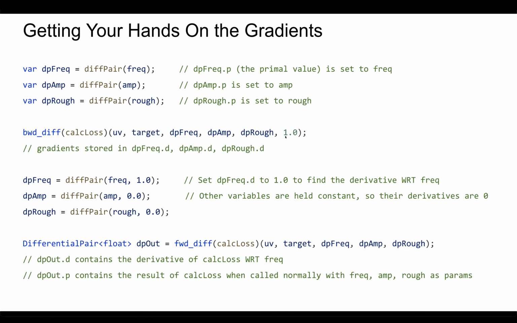The original inputs, which we wrapped in differential pairs, have become in-out differential pairs, because they're not just used to read the original value, but the computed gradient is written back into them. And then the backward function itself returns void. So this lets this single backward pass compute all of the gradients and return them in one go using the in-out differential pairs.